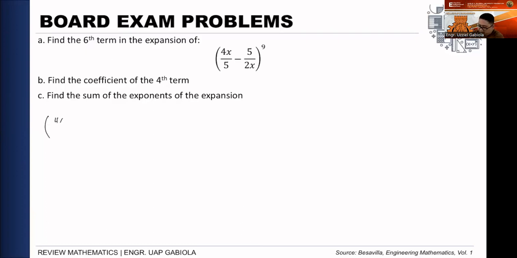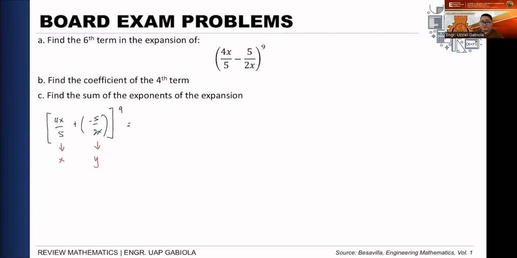This is 4x over 5, and then we can represent it as plus negative 5 over 2x. It's the same, just a different notation. And then this will be our x, and this will be our y, just for our representation in the formula.